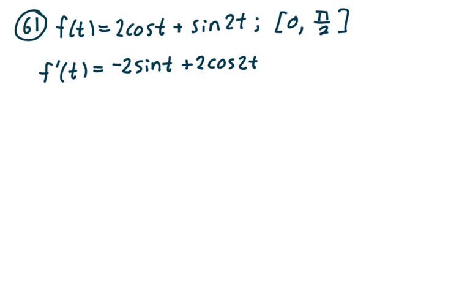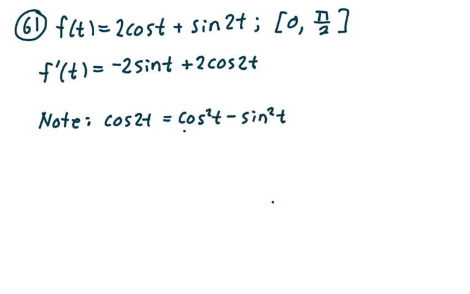Now, we need to recall something. Cosine 2t is equal to, we're going to start here, cosine squared t minus sine squared t. But I can write this as 1 minus sine squared t minus sine squared t.